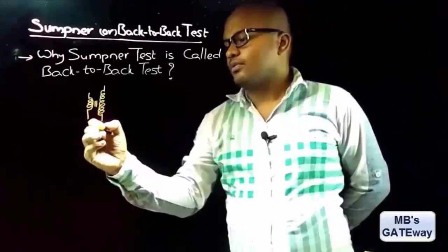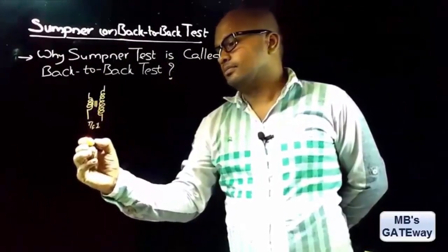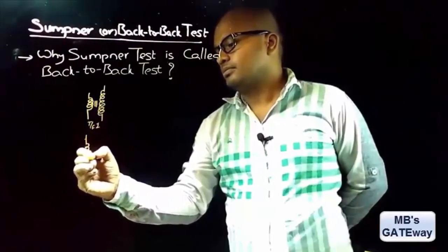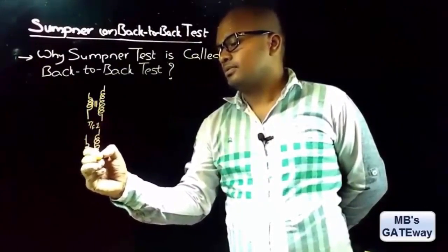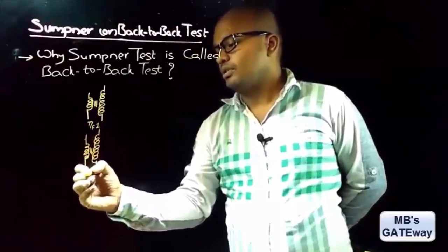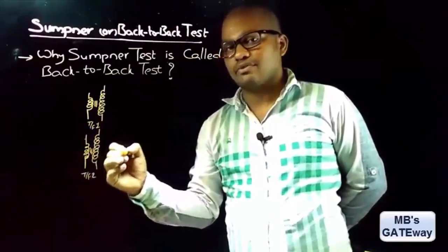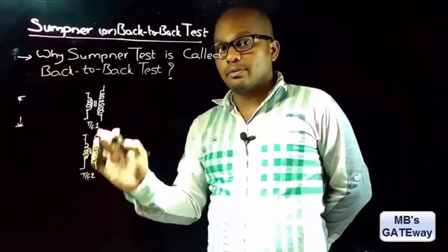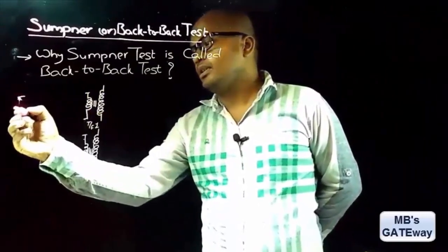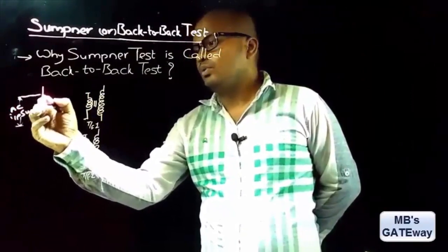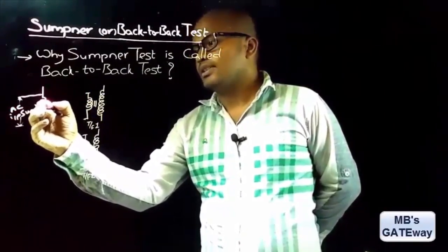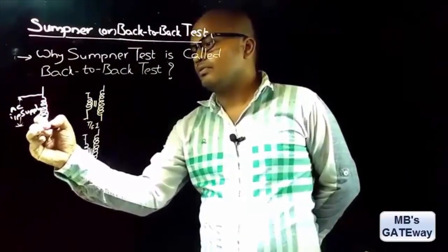This is transformer 1 and this is transformer 2, which are similar transformers, and these two transformer primaries receive input from the AC input supply through a single phase variac.